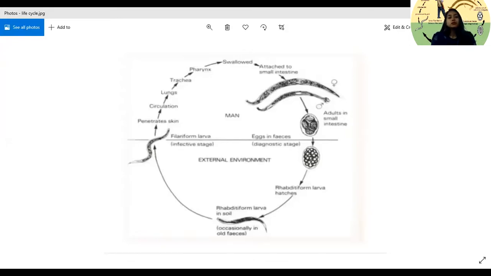The various stages of the life cycle are as follows. Stage first: passage of eggs from an infected host. The eggs containing segmented ova with four blastomeres are passed out in the feces of the human host.